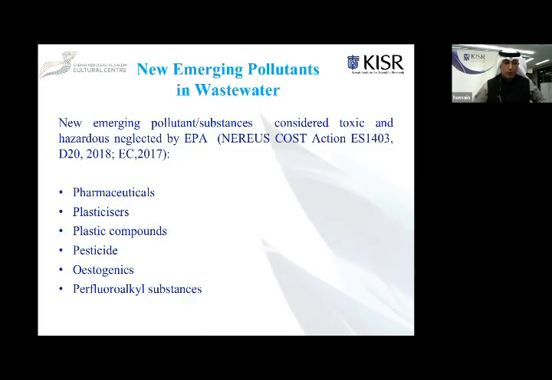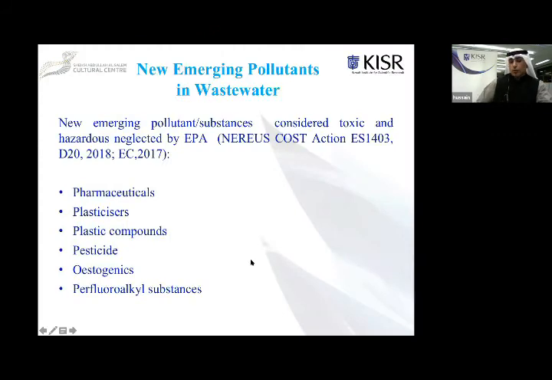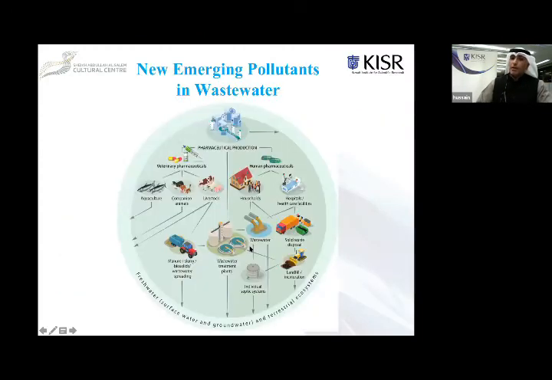Why do we care about those pollutants? I mean, in the water cycle, you can see those medications or plastics or any pollutant getting back from the production sector to the consumption, whether by humans or by the animals that we consume, or the water, whether we discharge it or return it back to the natural resources.